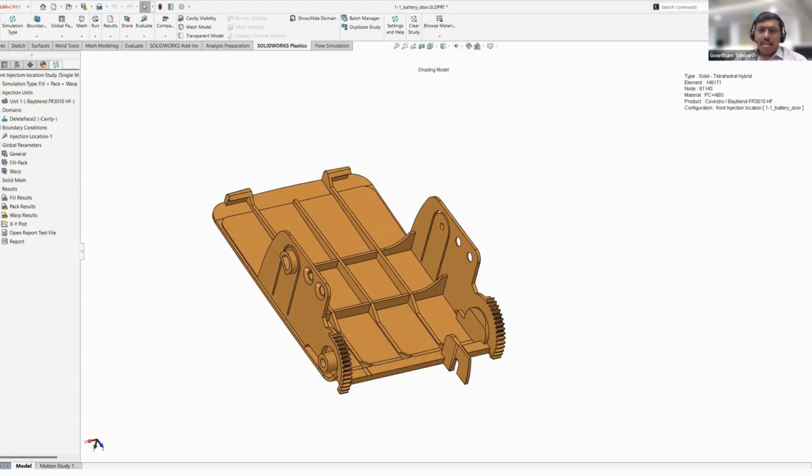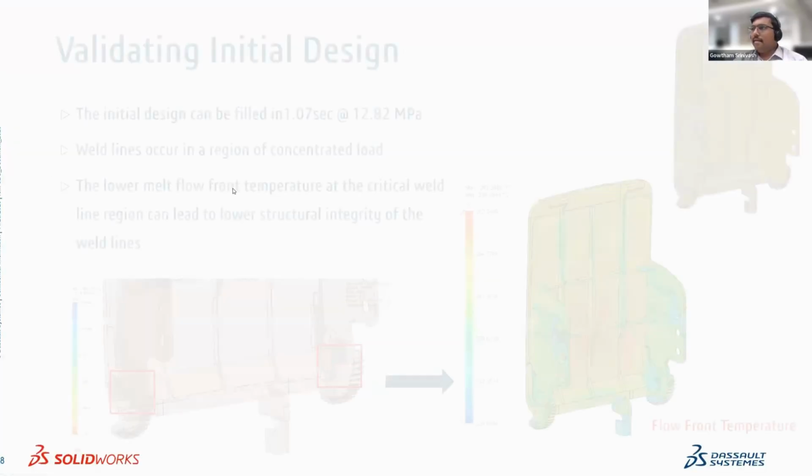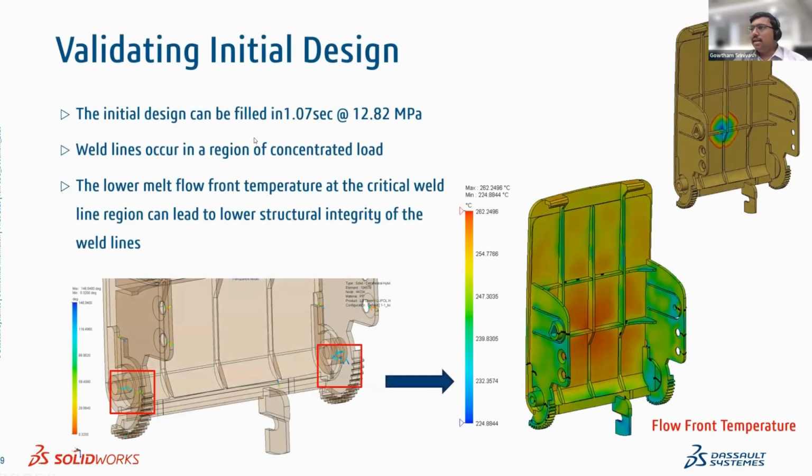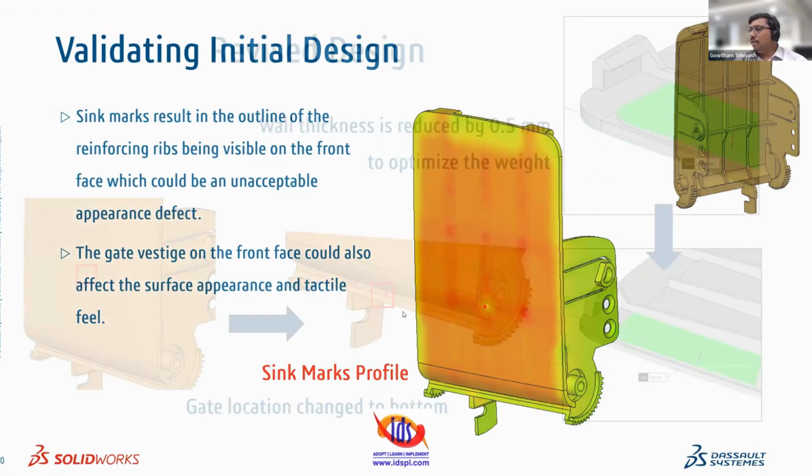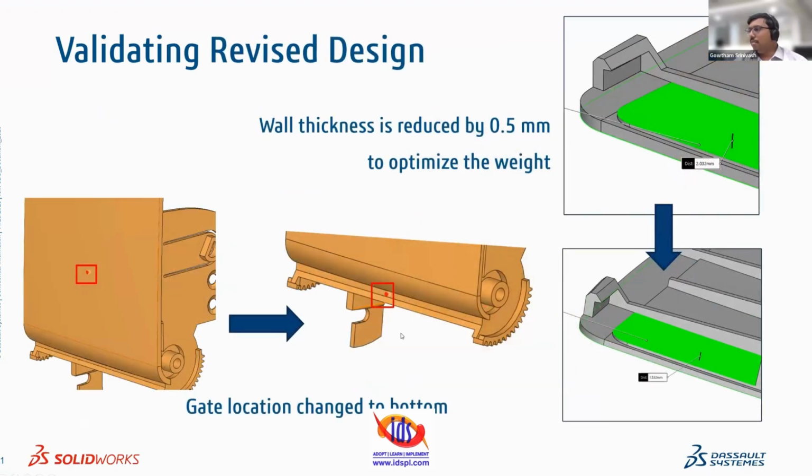And by that, the main benefits we'll be getting are these. The initial design is filled in 1.07 seconds with 12.82 megapascal, where the weld line occurred. So we did a design change, reducing the thickness, and also we moved the gate to the bottom area, which won't be exposed.